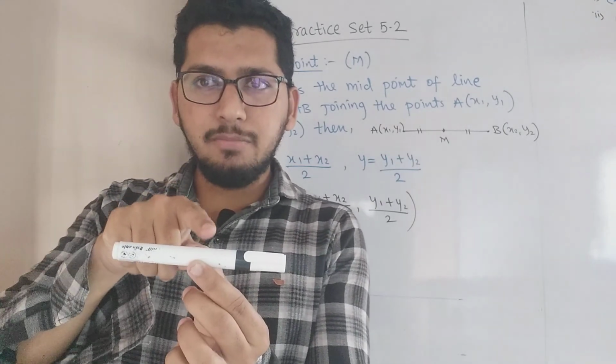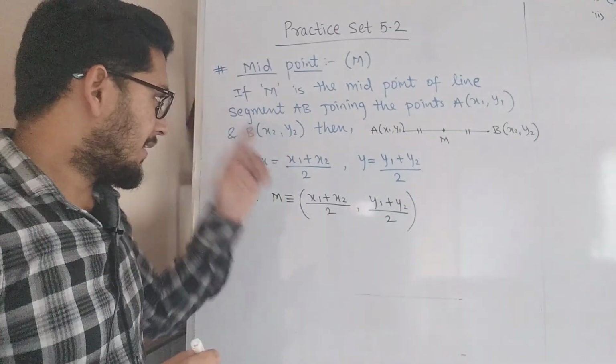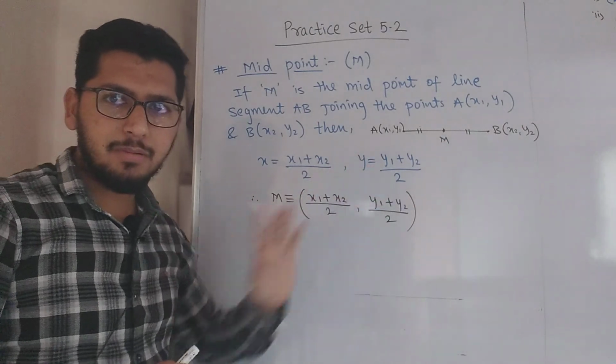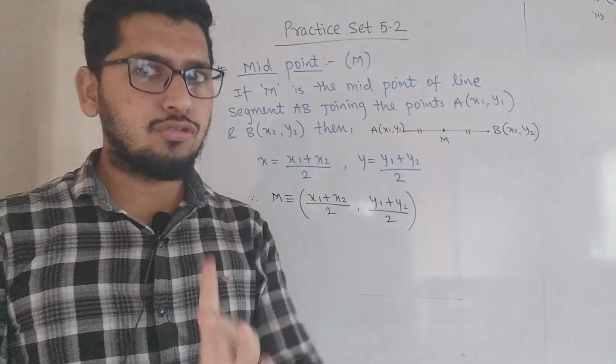To calculate this midpoint, there is a formula. That is, the formula is x1 plus x2 upon 2 comma y1 plus y2 upon 2. As we already know what are the x1 comma y1, what are the x2 comma y2.